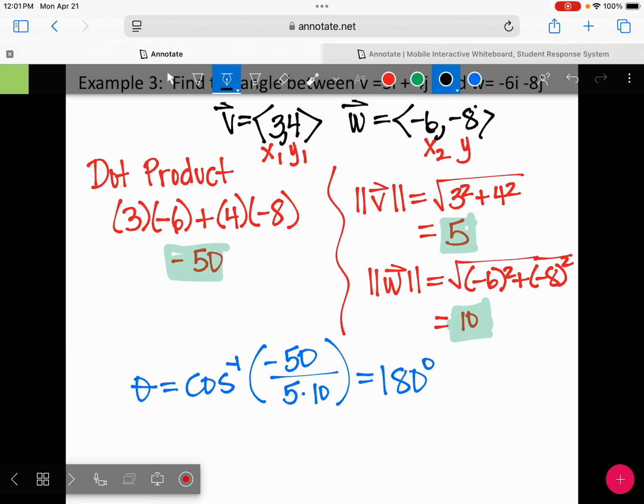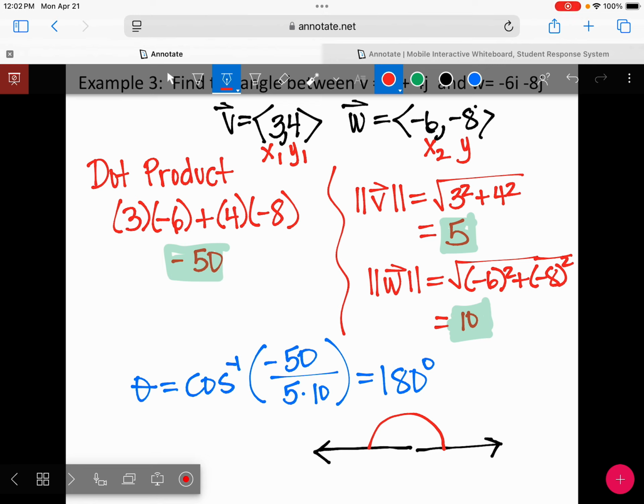Anybody else get 180? You got 180? So 180, what that tells us is that vector W is going this direction. Vector V is going that direction. So it's 180 degrees.